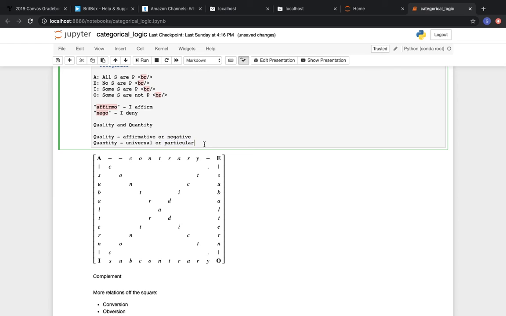They're making a claim that there is some particular S that's a P, or some particular S that's not a P. And we will understand I claims, some S are P, to be true just so long as there's even one S that's a P. So even if our claim were that some prime numbers are even, though there are infinitely many prime numbers that are odd and only one that's even, nevertheless, this will count as true. Okay? And similarly for the O claim, it only takes one S to fail to be a P in order to count this O claim as true.